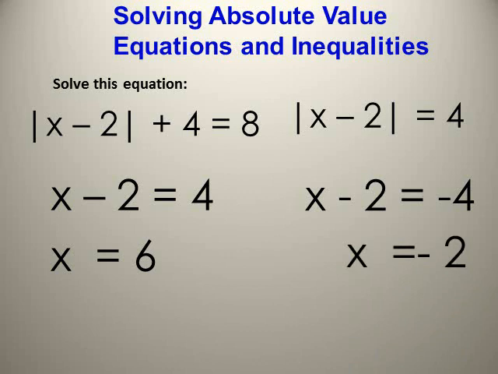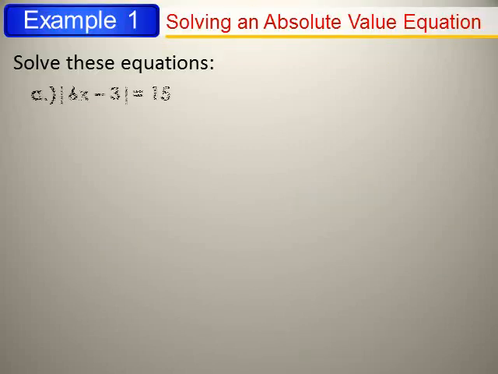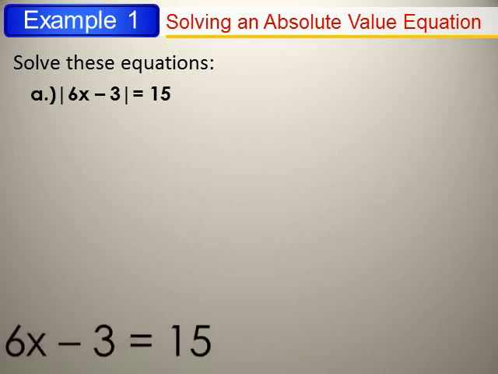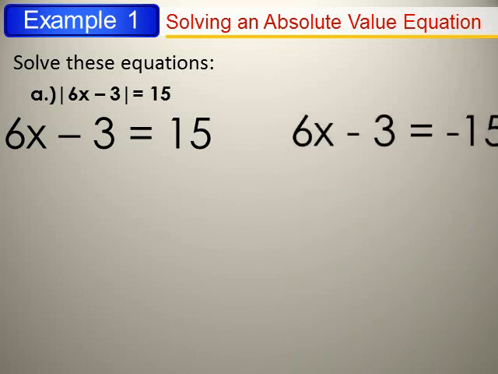To make sure, substitute with x equals 6 and negative 2 to find the value of the absolute value. It will be 4. Now absolute 6x minus 3 equals 15, that means inside the absolute value maybe 15, maybe negative 15. So 6x minus 3 equals 15 or 6x minus 3 equals negative 15. Solve the two equations for x.